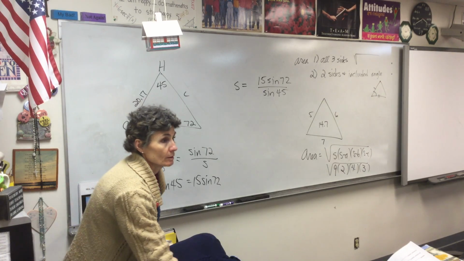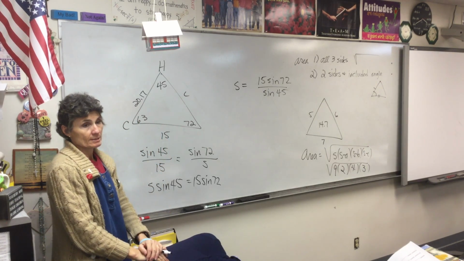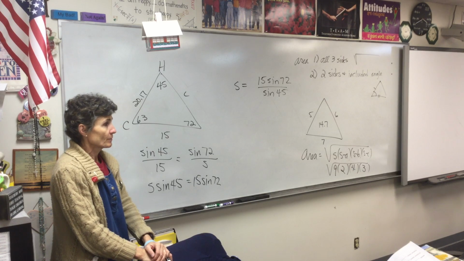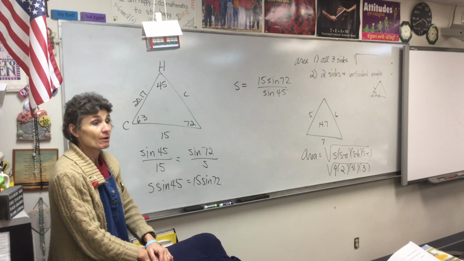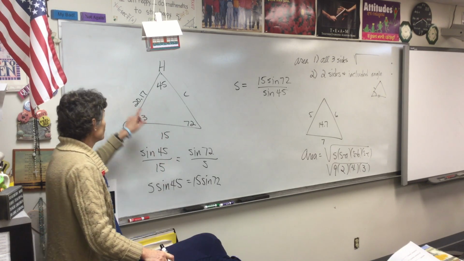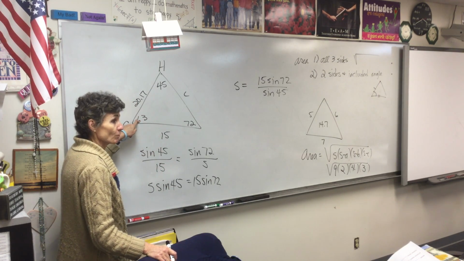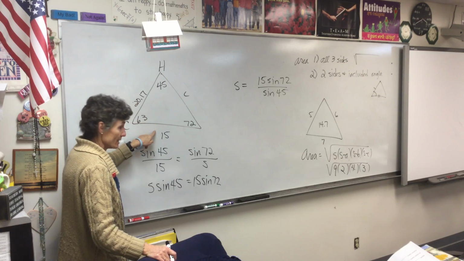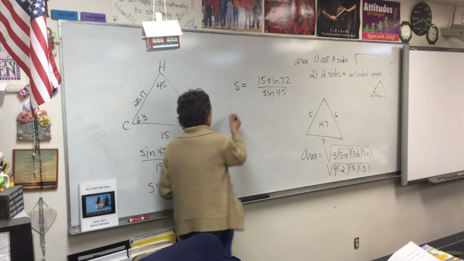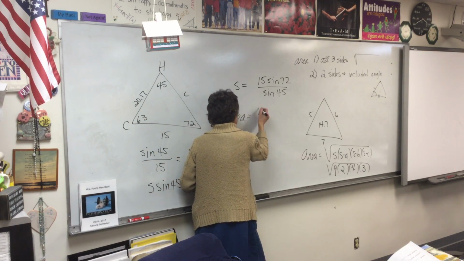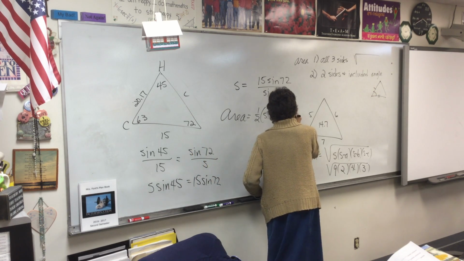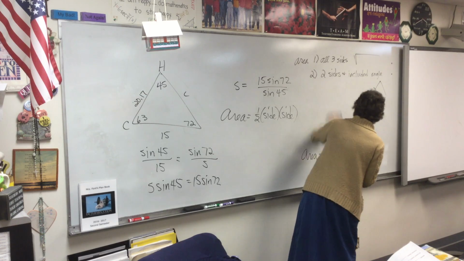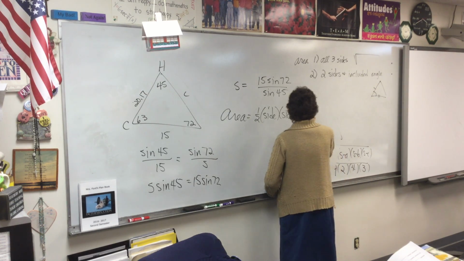Now, true or false? That's the answer to the question. False. Our job is to find the area. Do I now have good information to find the area? Yes, because I have a formula that says area is 1/2 side times sine of included angle.